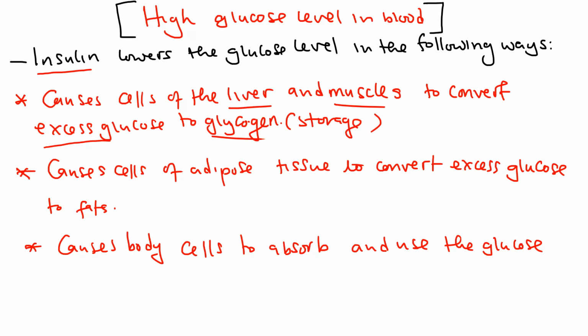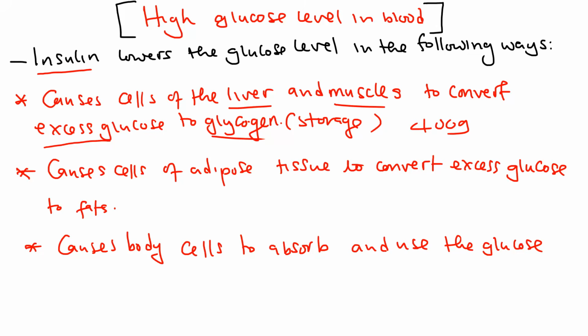One thing that you should know is that the body can only store about 400 grams of glycogen. This 400 grams of glycogen is stored in the liver and the muscles.